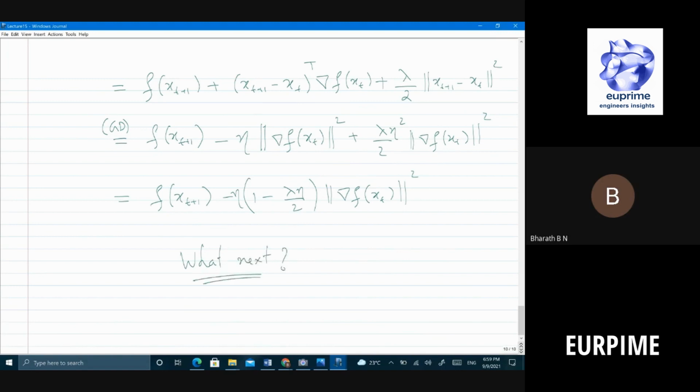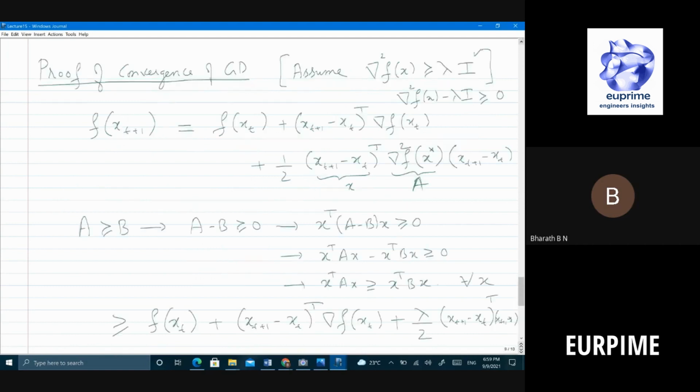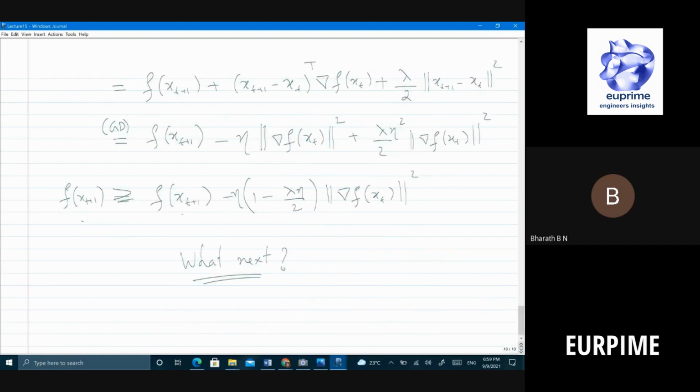So now, essentially it says, we have f of xt plus 1 here is greater than or equal to this, right? So the difference between these, did I make a mistake? Wow, nobody corrected me. So f of xt, it should be xt. So the difference is lower bounded by some constant times the gradient norm squared, right?